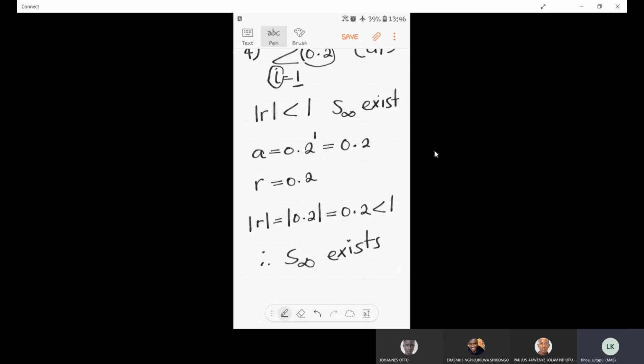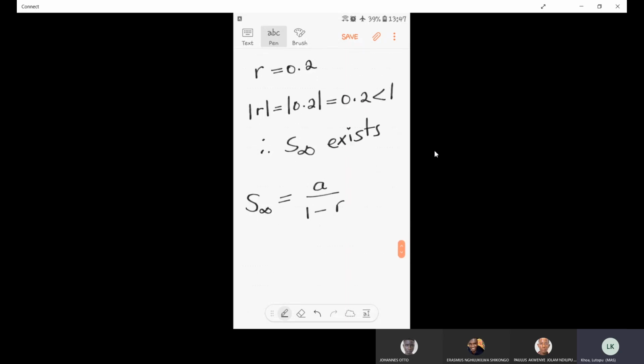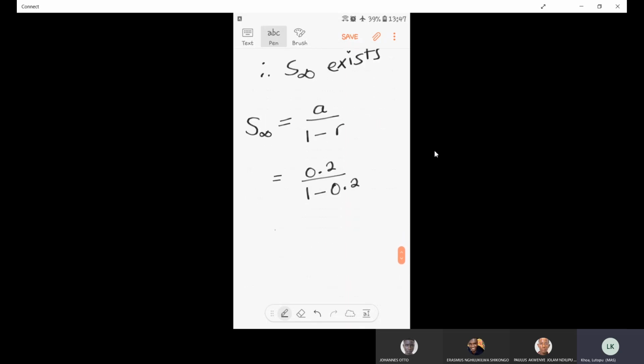Now because this sum to infinity exists, I can work it out. The formula is a over 1 minus r. Now a is 0.2, so 0.2 over 1 minus 0.2. This is just equal to 1 over 4.